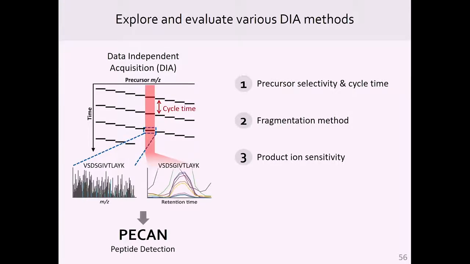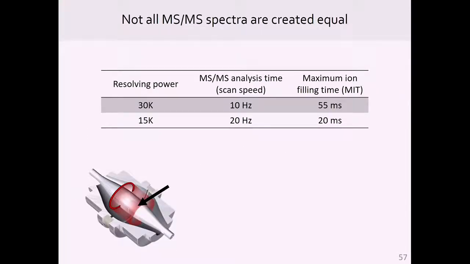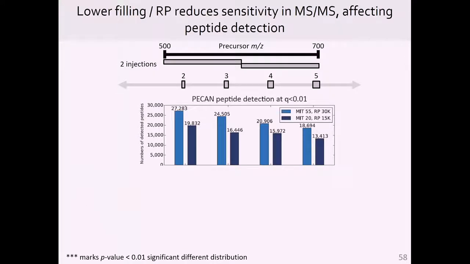So the next final thing is product ion selectivity. If we had the ability to collect data at 30,000 resolving power, we can scan at 10 hertz. We can fill then basically for 55 milliseconds. If we have a resolving power at 15,000, we can have a scan speed at 20 hertz, but then the maximum inject time is basically 20 milliseconds. So in almost all cases, going slower with more maximum inject time and a higher resolving power works.